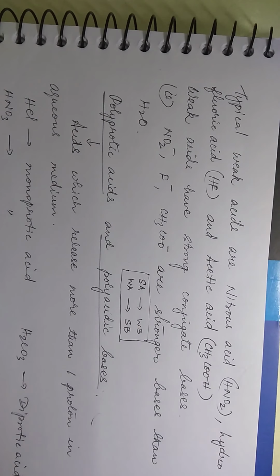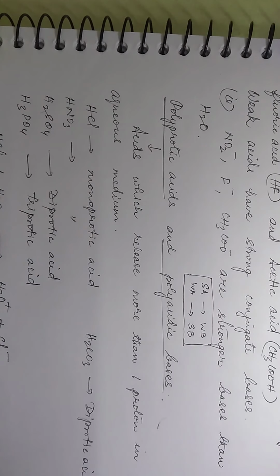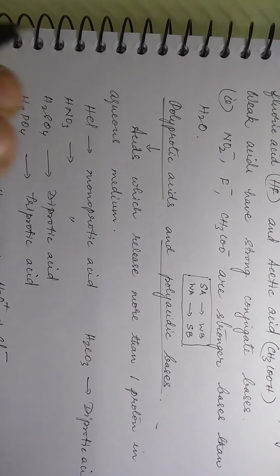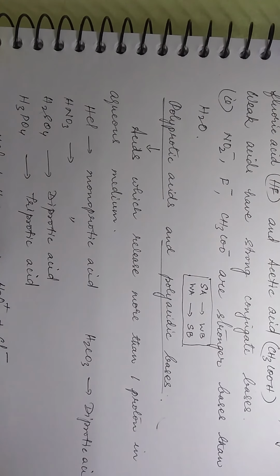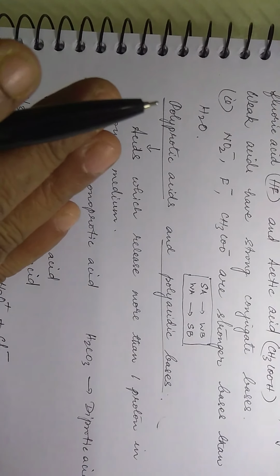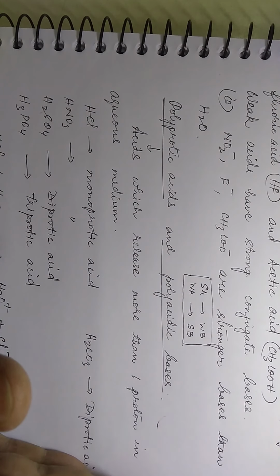Right? Then let us see what are polyprotic acids and polyacidic bases. So from this now you must have understood, whichever is giving a proton and if it is going towards a weaker state, then the reaction will be in that direction.